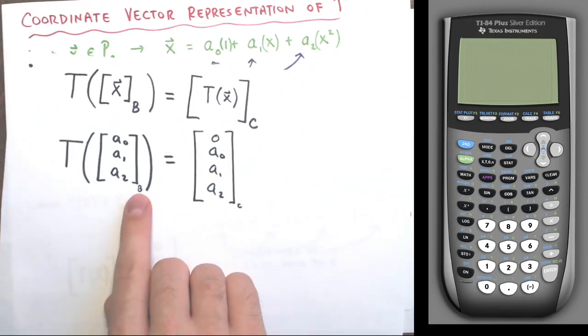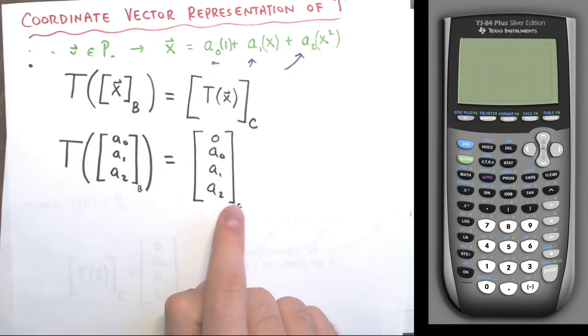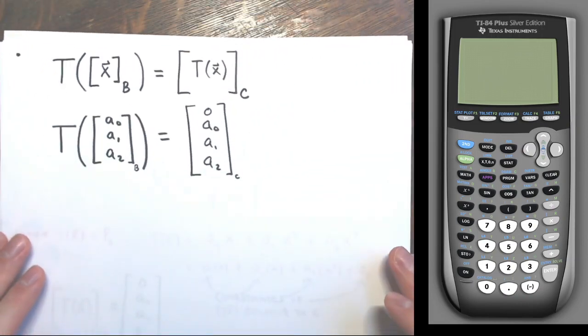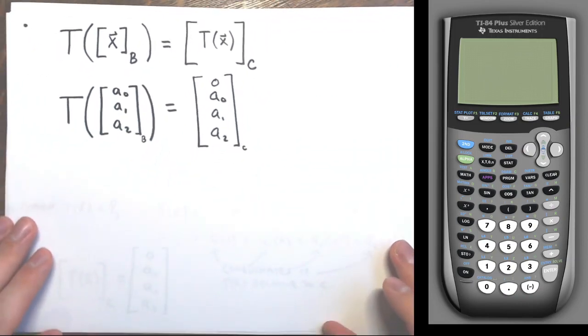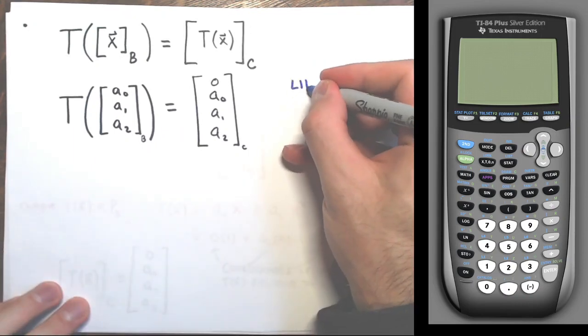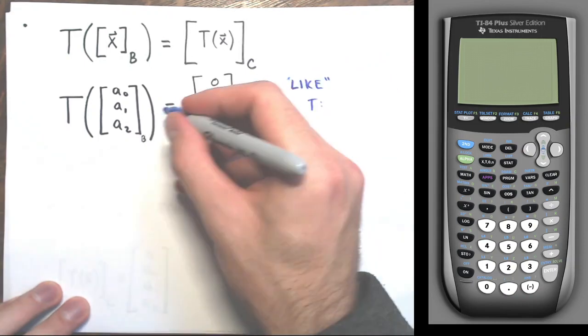So I will put the little basis B and basis C on the bottom here, just to let you know that these are coordinates, not the actual vectors themselves. These are representing the actual vectors, but they aren't the actual vectors themselves. But do you see now how this is like a transformation from R3 to R4?